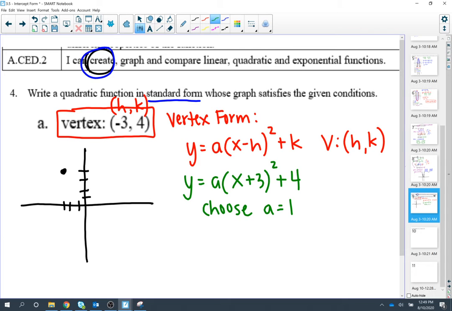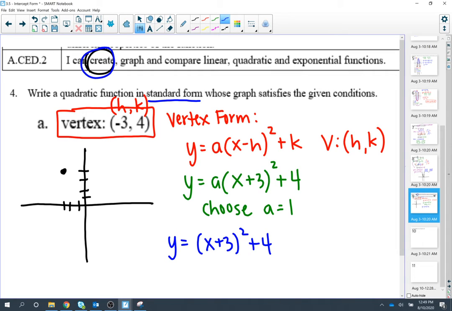I'm just going to choose that because that's going to be my easiest option here. Is it the only option? No. Is it the easiest option? In my opinion, yes. So y equals 1 times (x plus 3) squared plus 4. And that's great. That's an equation that has a vertex of -3, 4.